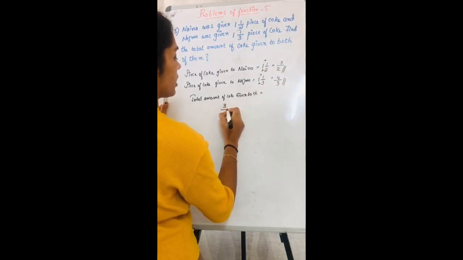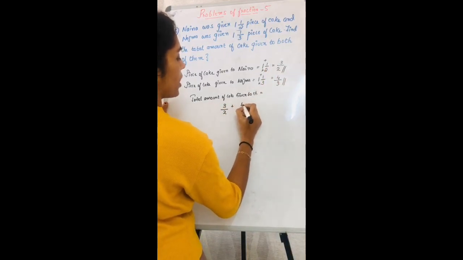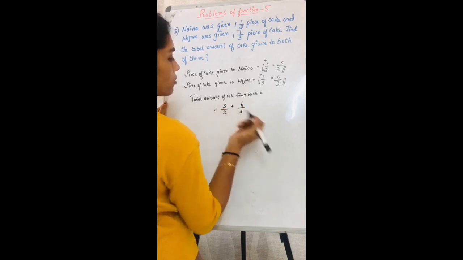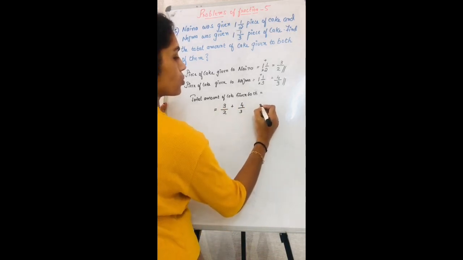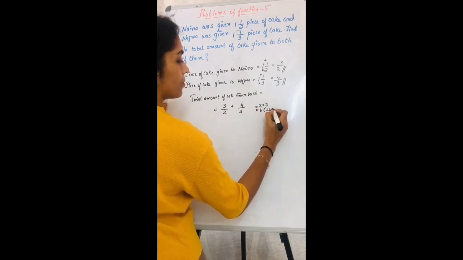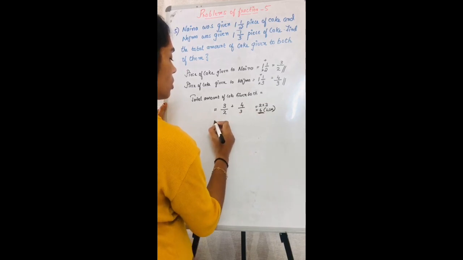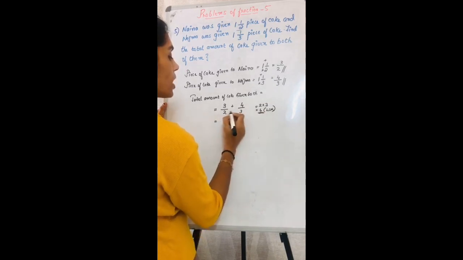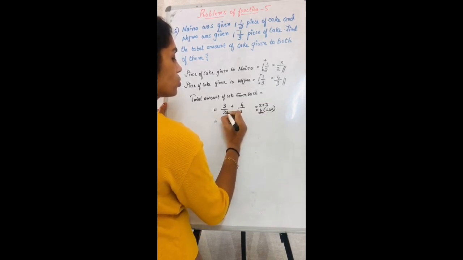That is 3 by 2 plus 4 by 3. What do you have to do? You have to find the LCM of 2 and 3, right? 2, 3s are 6 is the LCM. So, how will you make the denominator 6? 2 into 3.